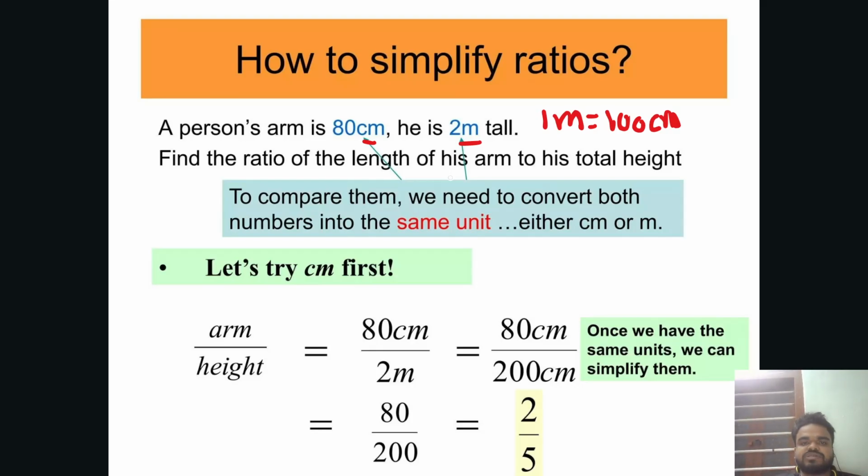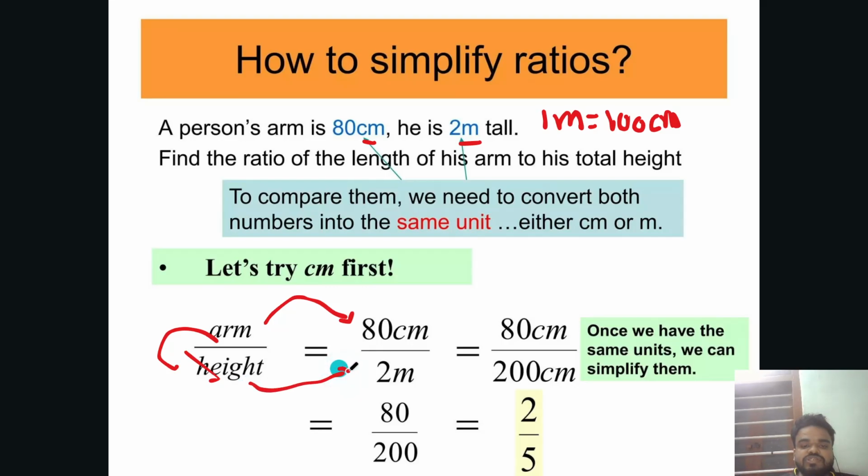So let's find the ratio by converting meters into centimeters because it's quite easy. So arm by height. We want the ratio of arm and height of a person. What is the arm length? It is 80 centimeters. What is the height?